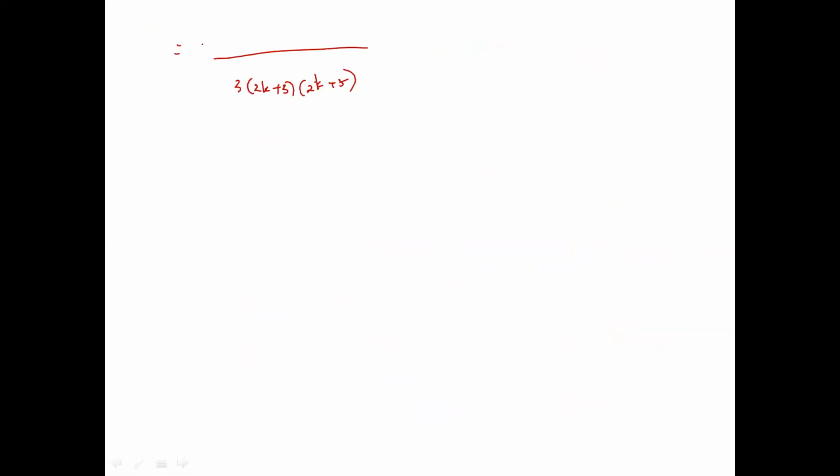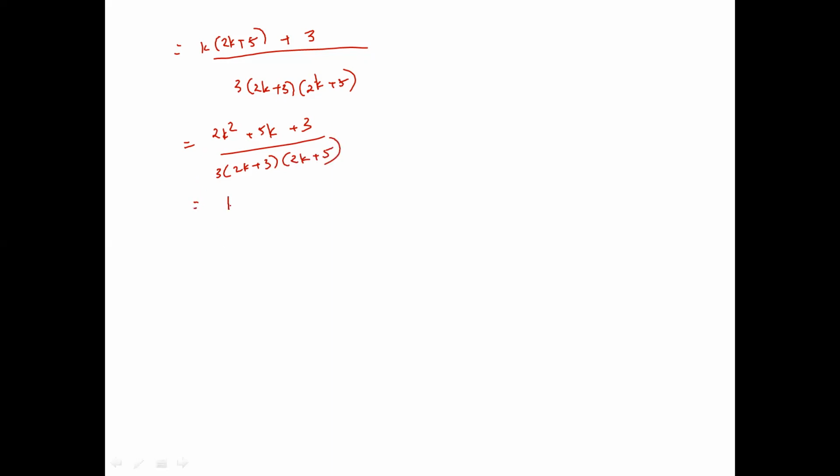So the numerator will be k into 2k plus 5 plus 3. So that I will write 2k square plus 5k plus 3 by 3 into 2k plus 3 into 2k plus 5.